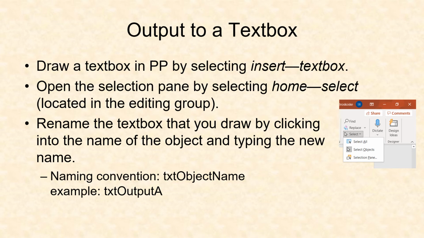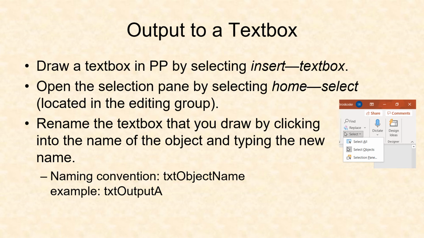When you do this, you'll now see a listing of all the objects on that particular slide, and that pane will remain open. Now rename the text box that you draw by clicking into the name of the object. This is very interactive, so if you click on an object, you'll see it highlighted in this selection pane. And vice versa, if you click on the name of an object, you'll see the object highlighted. So that way there's no doubt as to which name belongs to which object. Now, to make it easier to refer to this in coding, try this naming convention.